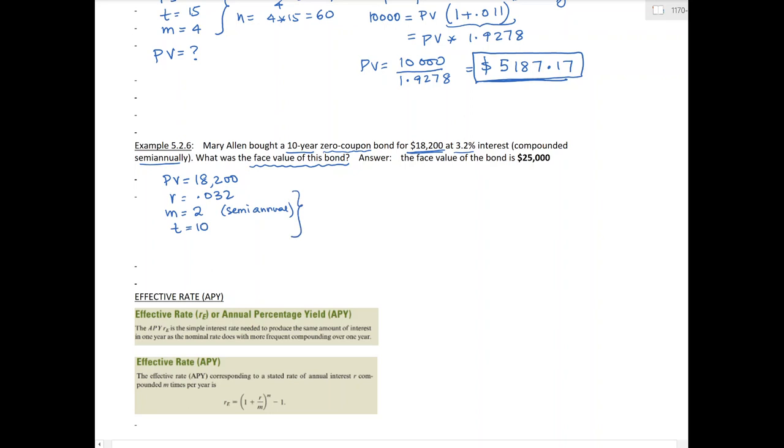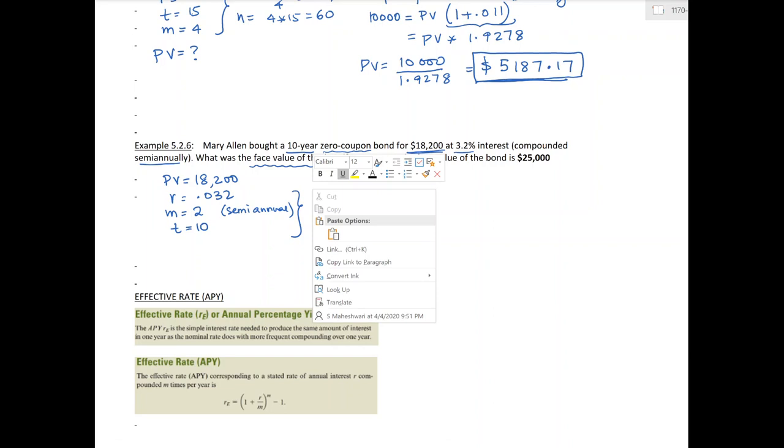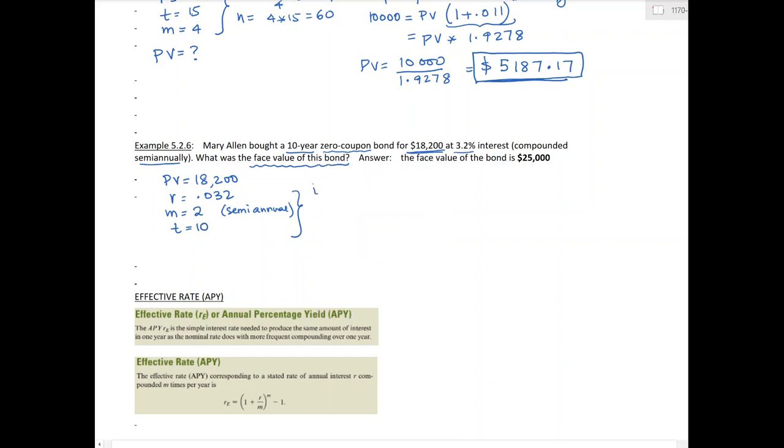So as always, we are going to find I, which is R over M, so that's 0.032 over 2, so that's 0.016, and N, which is MT, is 20.